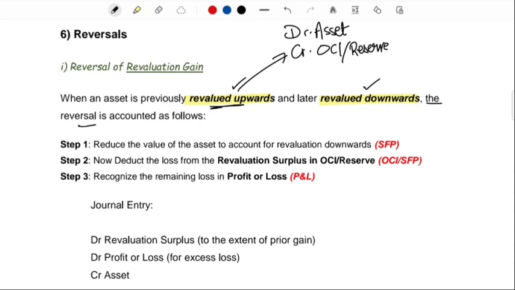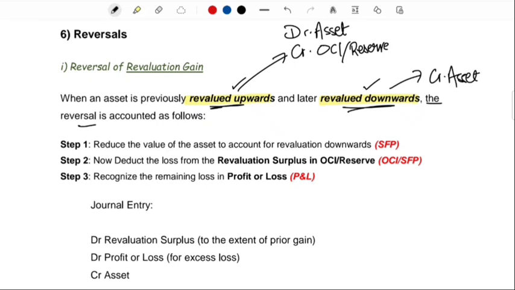But now if it is going to be revalued downwards, what is the first thing that should come into your mind? You tell me, forget about the journal entries below. When the asset is going to be revalued downwards, on a very simple plain basis, you can think that revaluation downwards means we will be crediting the asset now. That's a very basic thing. At least let us get something right. The asset will be credited downwards.